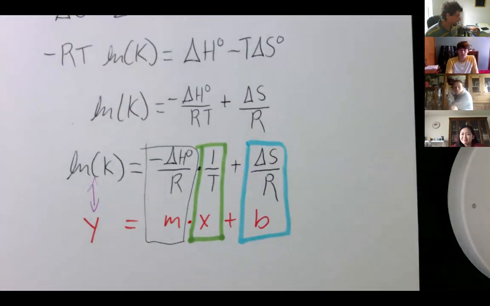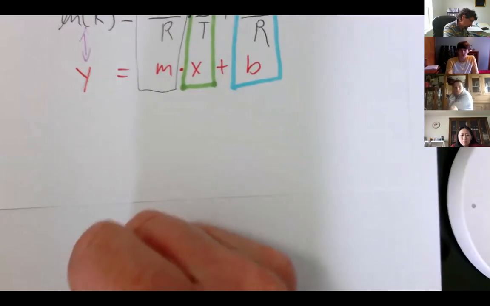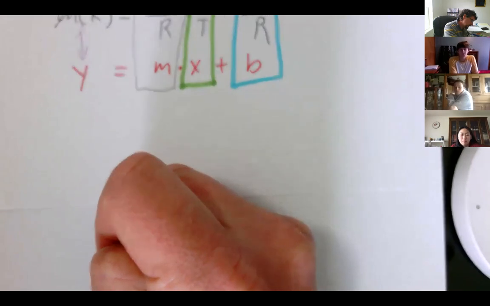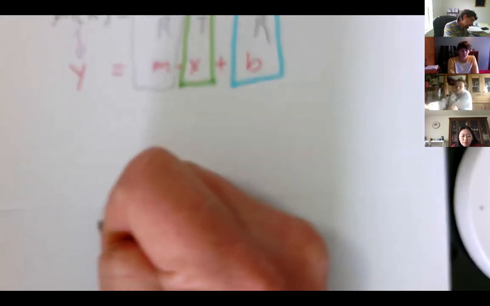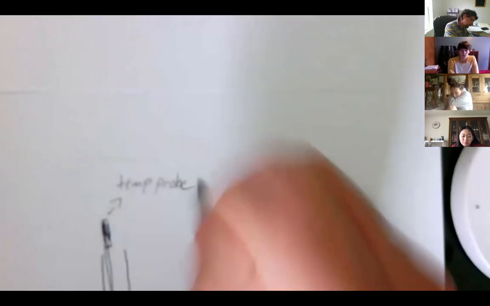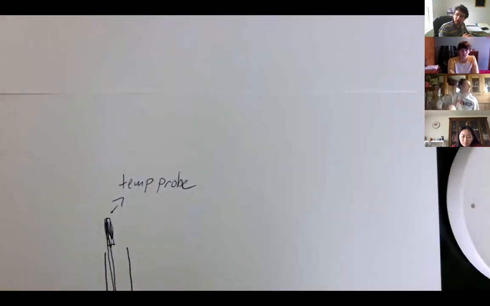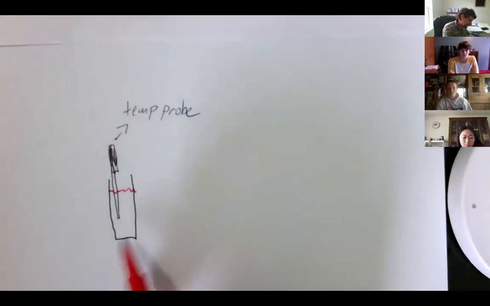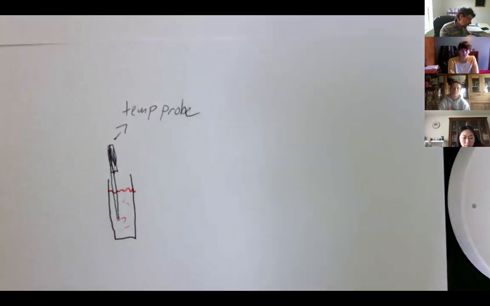So in this experimental setup, if you were conducting it, the way it would look is we would have our cuvette. We'd have a temperature probe in there. I don't know, we'll draw it, we'll color it, we'll make it pink or red. Okay, so we can measure the temperature that way.